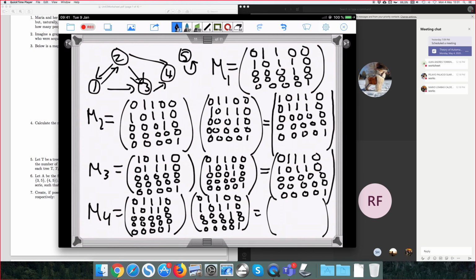Okay, so this is again the sum of rows 2, 3, and 4. So that is 1 0 1 1 0.